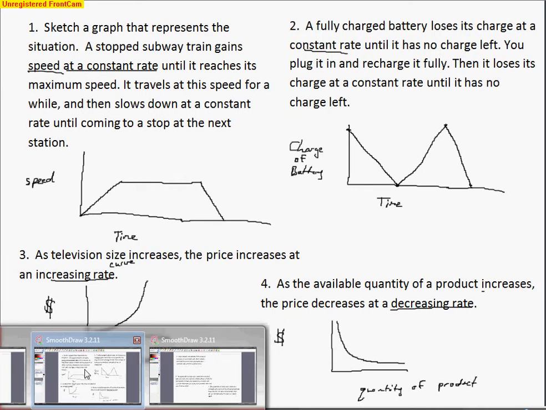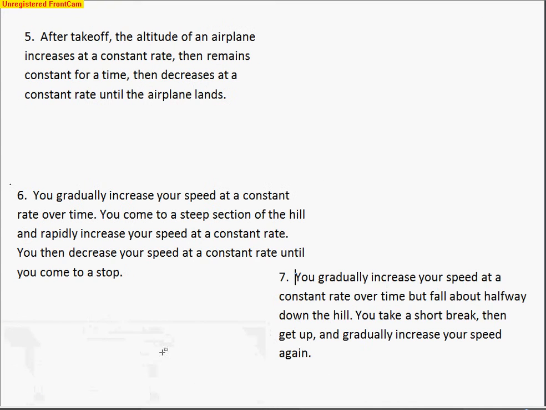So let's take a look at the next problem here, and it says, after takeoff, the altitude of an airplane increases at a constant rate. Okay, so let's go ahead and sketch in a line for the y-axis and the x-axis. And we'll say that the altitude represents the y-axis, and we'll go with time as the x-axis.